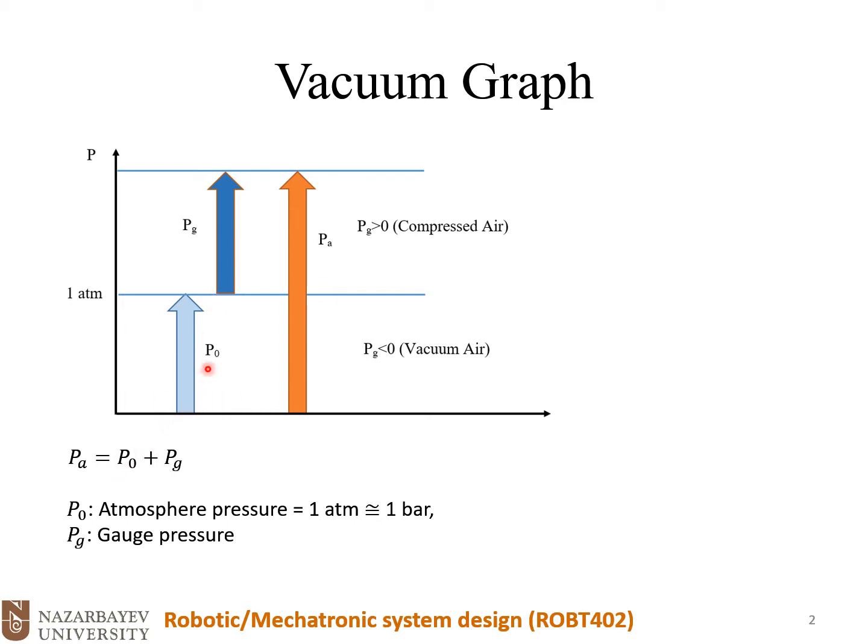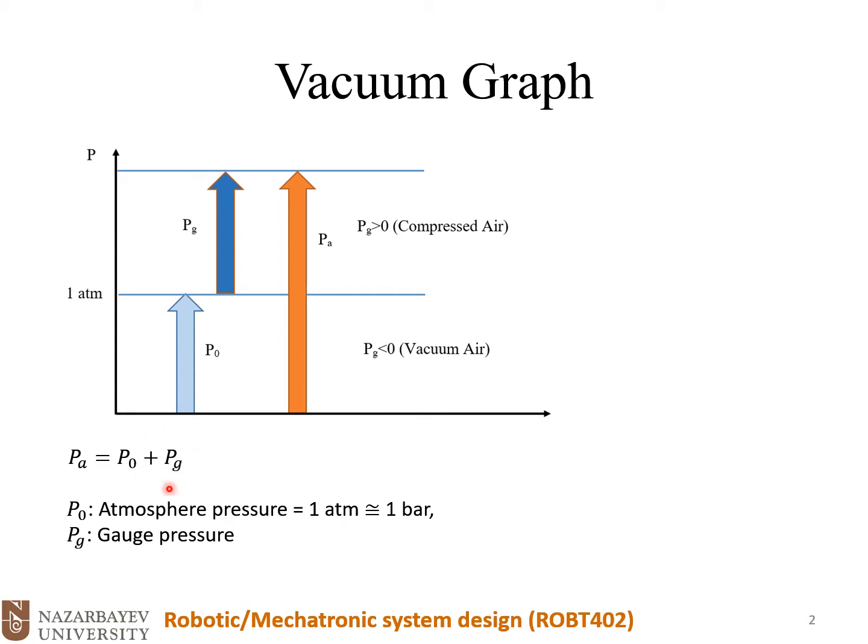Now we have P0 as atmosphere pressure. If the pressure increases above P0, we will have PG, which is the gauge pressure. When the gauge pressure is positive, we have absolute pressure, or PA, of more than P0. So absolute pressure is equal to pressure of atmosphere plus pressure of gauge.